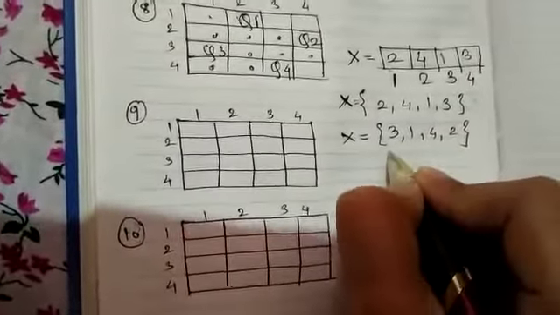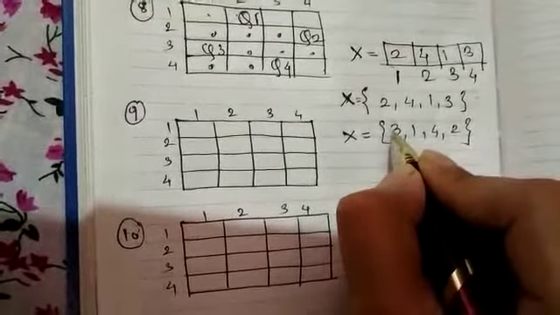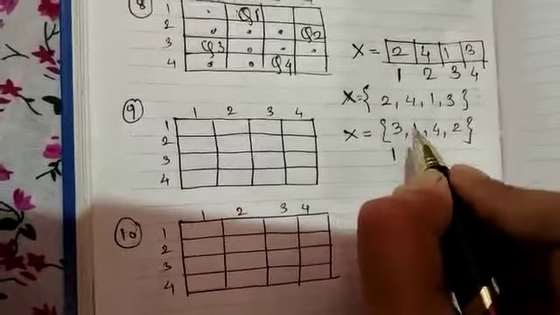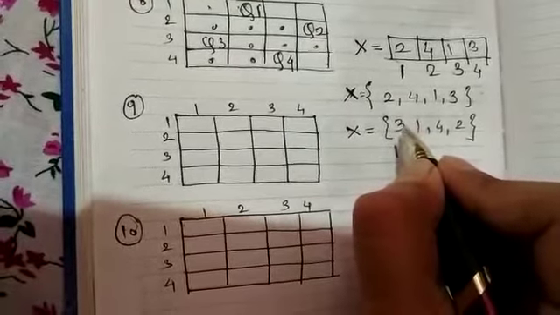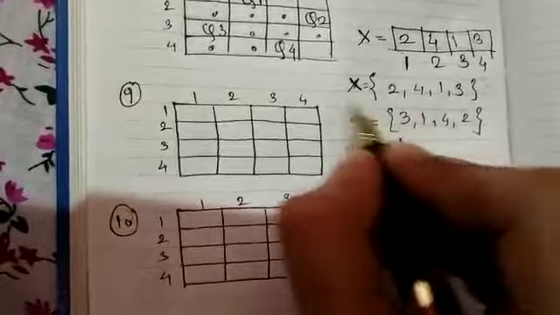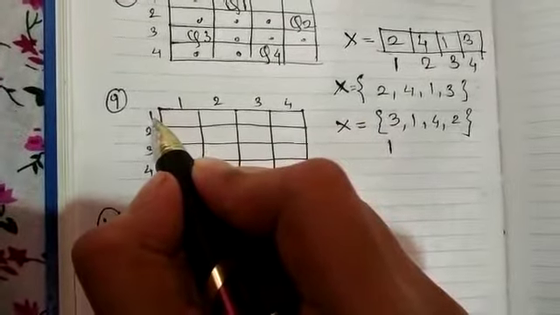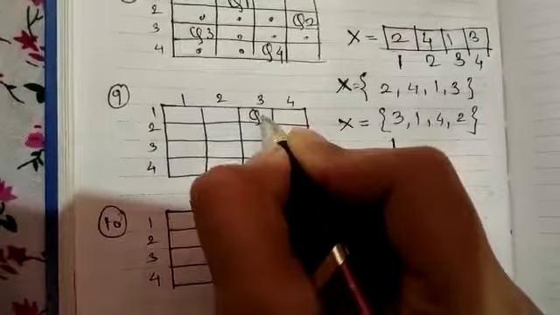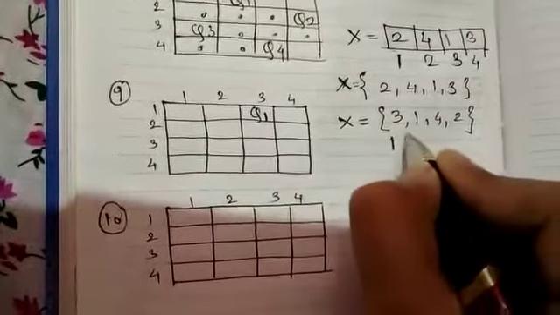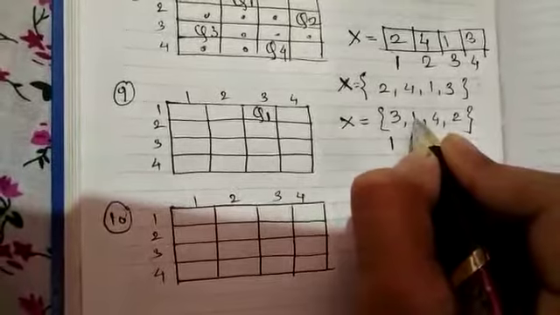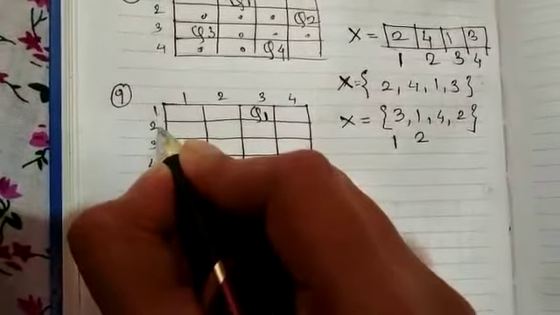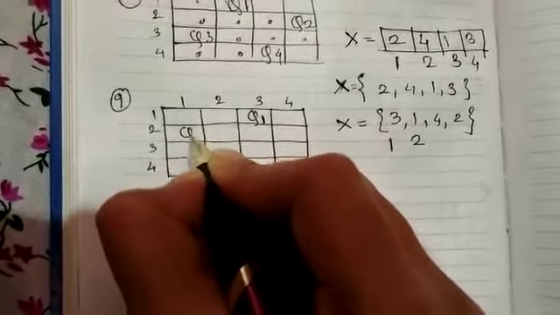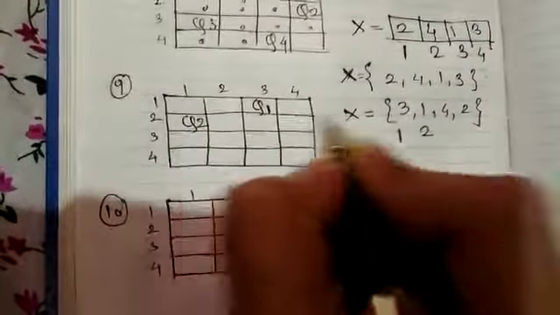That is, first queen will be placed in column number 3. So first queen always goes to row number 1 and it will be placed over here. Then second queen will be placed in column 1. So second queen goes to row 2 and in column 1.